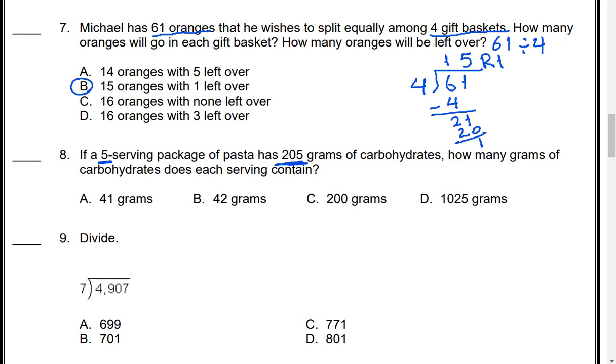What should we do? Divide the 205 by 5 to know how many grams of carbohydrates are in each serving, because there are 5 servings.